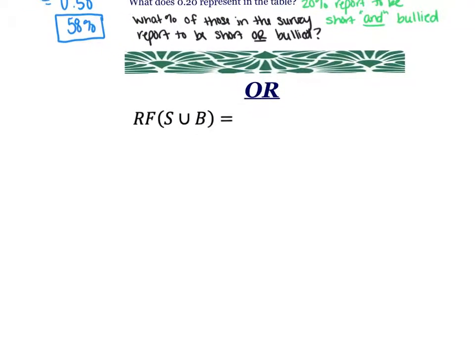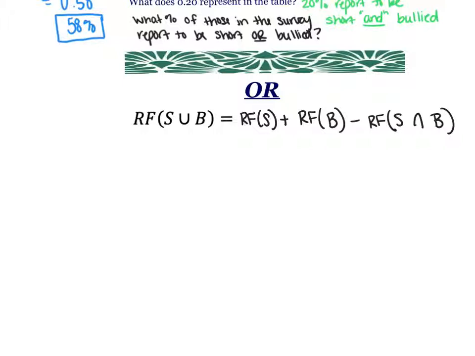And so if I'm writing out a formula, the second method is used most often. So if I want the relative frequency of short or bullied, I would calculate the relative frequency of those who consider themselves short, plus the relative frequency of those who consider themselves bullied, and then subtract the overlap, which is the relative frequency of those who are short and bullied.